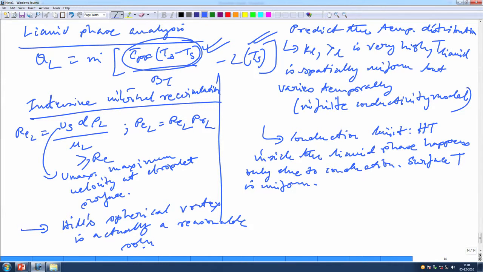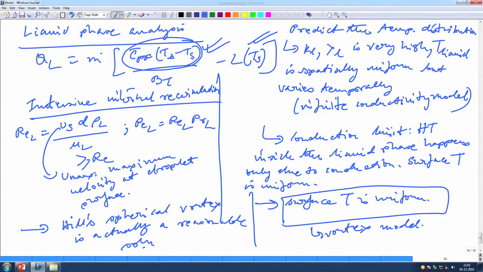And of course, we continued that the surface temperature is uniform. We said uniform, we did not say it is constant. That means along the surface there is no temperature gradient, which would have brought the Marangoni and other kinds of stresses into the picture.